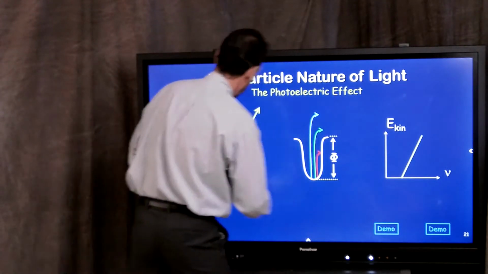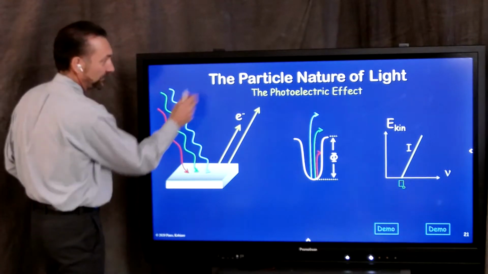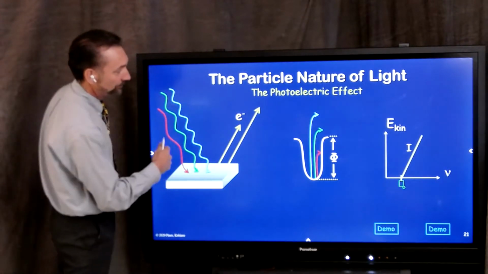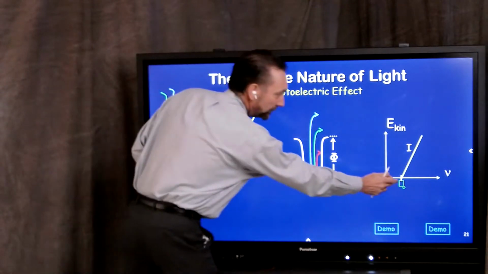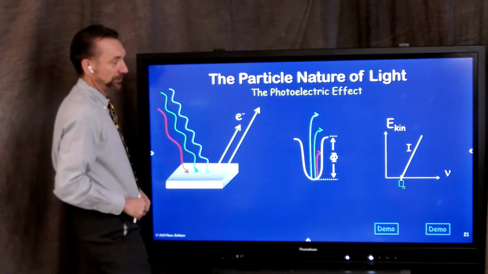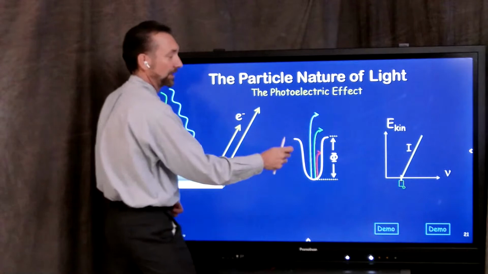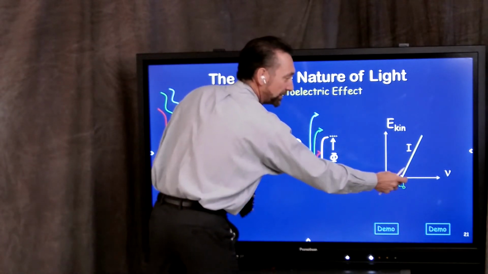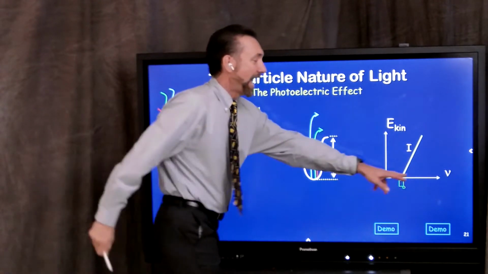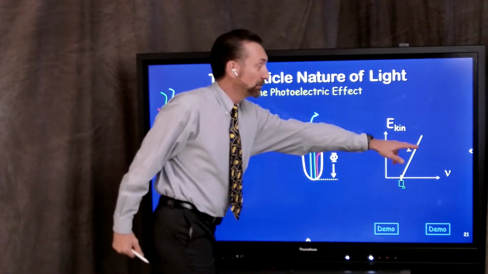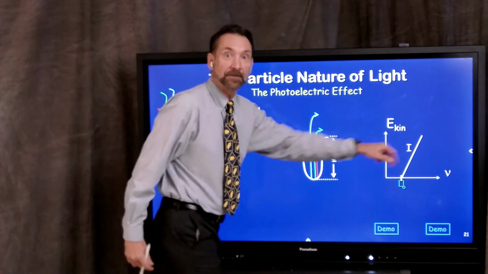So when we get past the minimum frequency or the minimum energy to eject an electron, the photon energies after that give you a higher kinetic energy of the electron.